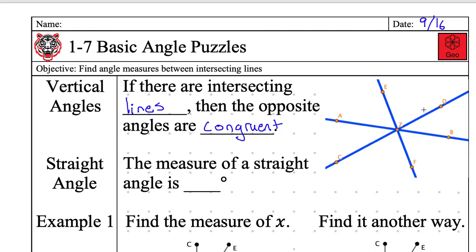Jose. So angle AZC and DZB are, there it is. Everyone mark it. Those two angles, AZC and DZB, are congruent. Fernando, do you have another one? EZA and FZB, this one?